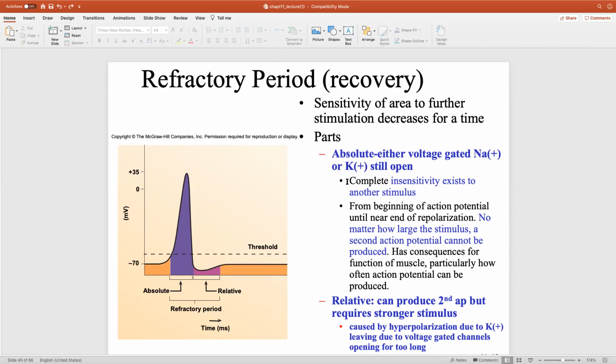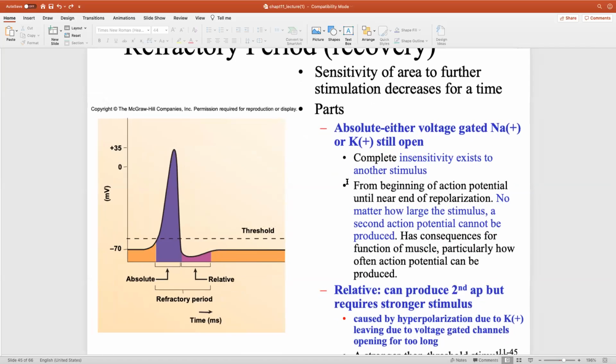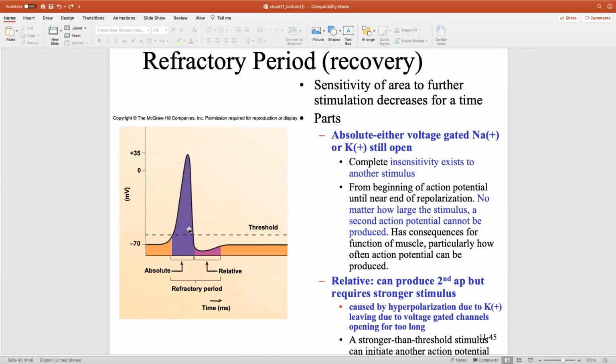There's an absolute refractory period right here in purple, and then a relative refractory period in this lavender color, right? So let's see. During the absolute refractory period, it goes from when we hit threshold to when the voltage-gated potassium channels open. What happens? Well, you're in the middle of either depolarization or repolarization. Either way, you're in the middle of the active phases.